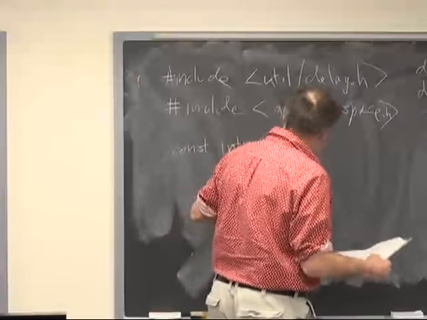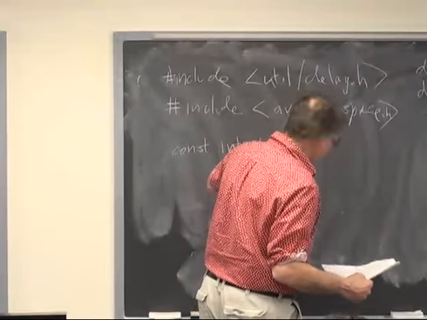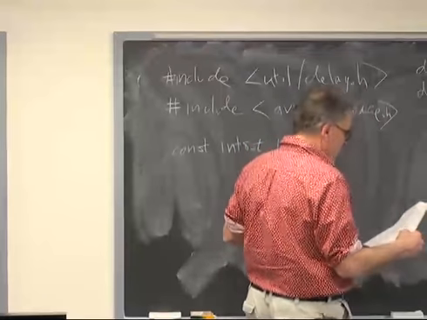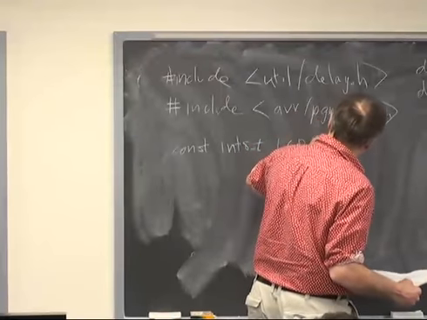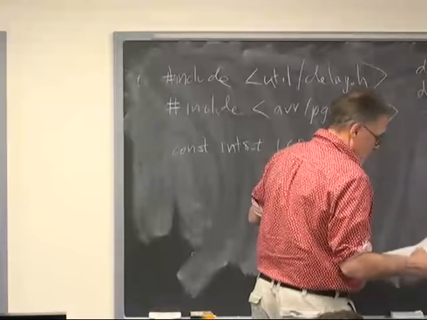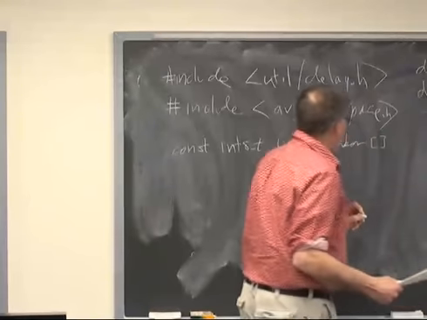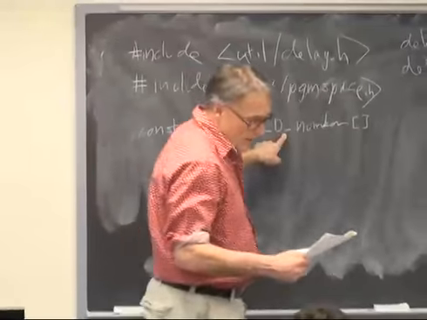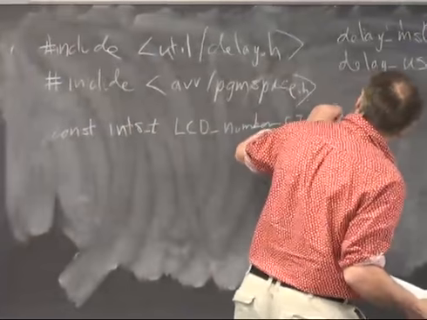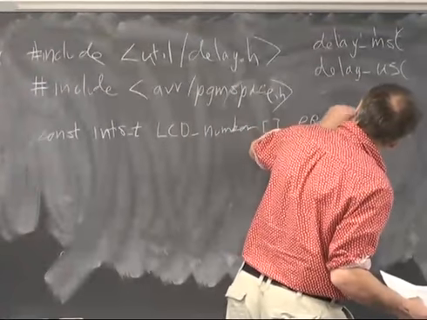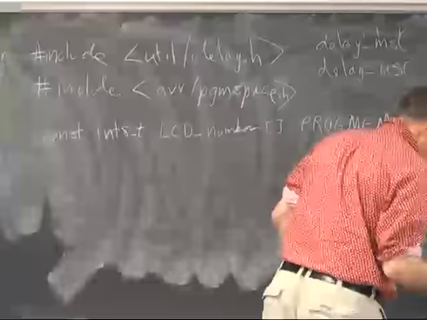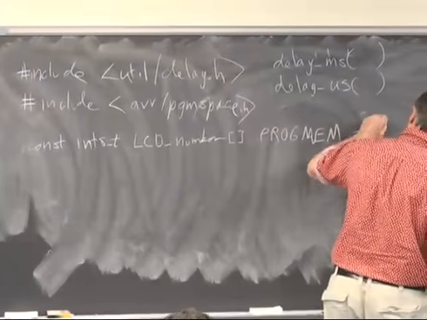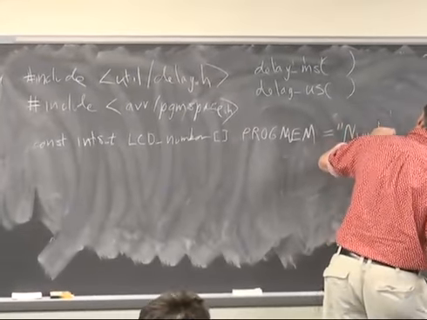Let's give an LCD string number. So the name of the variable, the name of the string, and then use the keyword PROGMEM equals, quote, "number equals".